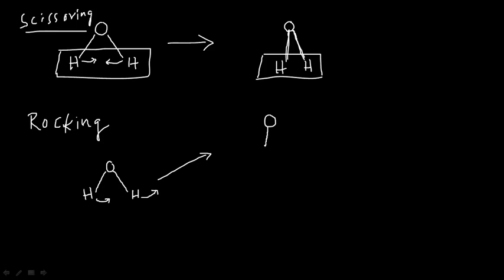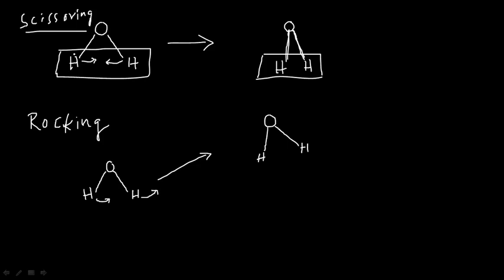So you will have this one, and the hydrogen which is moving, and you will have this. Again these two are present in the same plane, so this is in plane bending only.